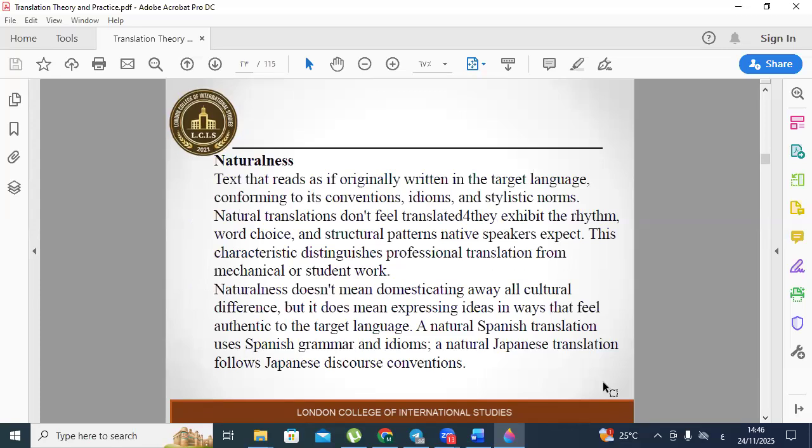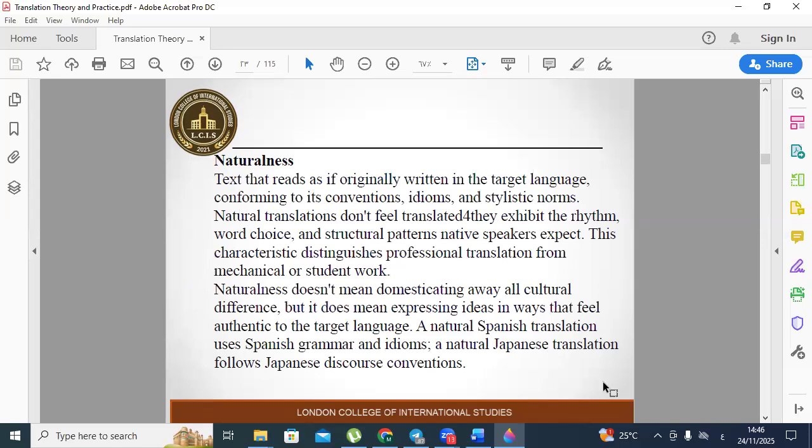Naturalness: text that reads as if originally written in the target language, conforming to its conventions, idioms, and stylistic norms. Natural translations do not feel translated; they exhibit the rhythm, word choice, and structural patterns native speakers expect.